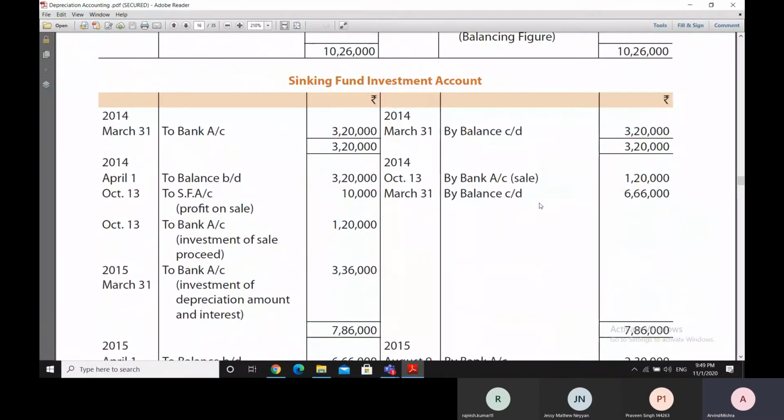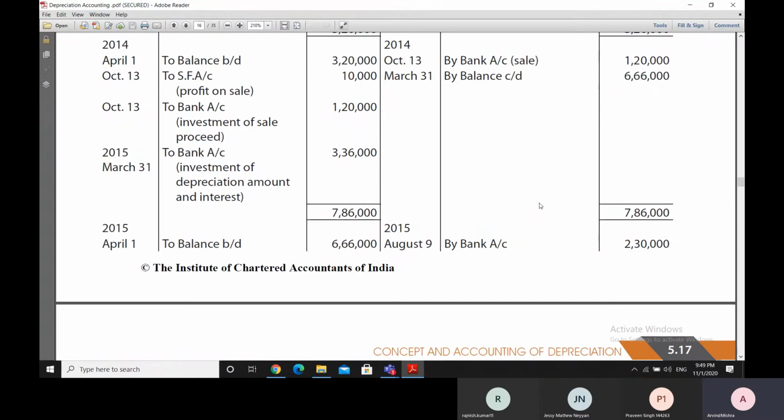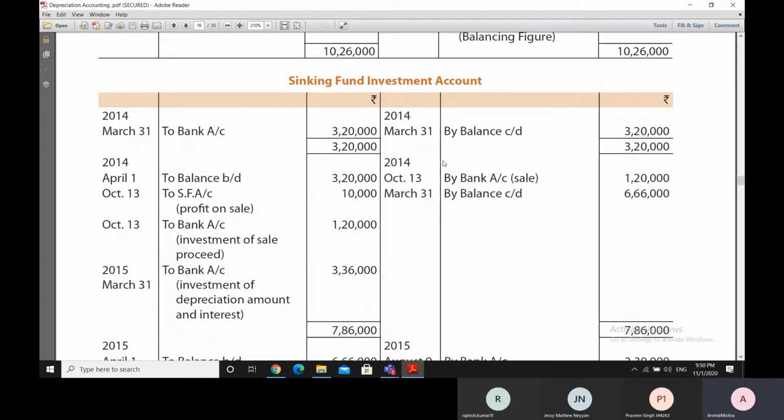Now, if we look at the sinking fund investment account, what we are seeing out here is that on 31st March 2014, we are debiting the sinking fund investment account and crediting the bank account.